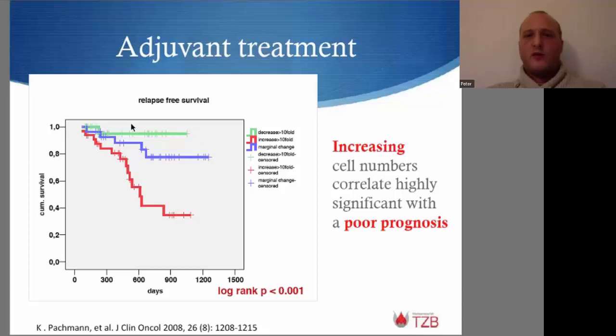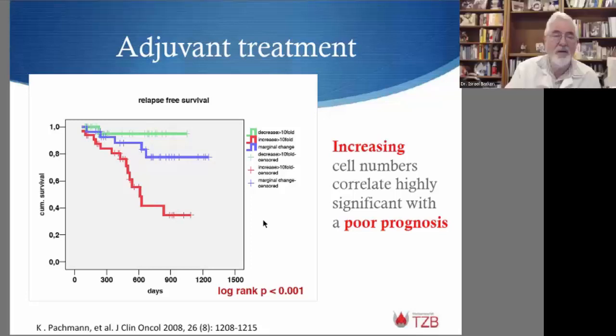The blue line had marginal or no change in the cell numbers, and they did a little less well. And the red line, these were the patients where during therapy the number of circulating tumor cells was increasing. And what you can see is that increasing cell numbers correlate highly significantly with a very poor prognosis. So every step down is a metastasis developed.